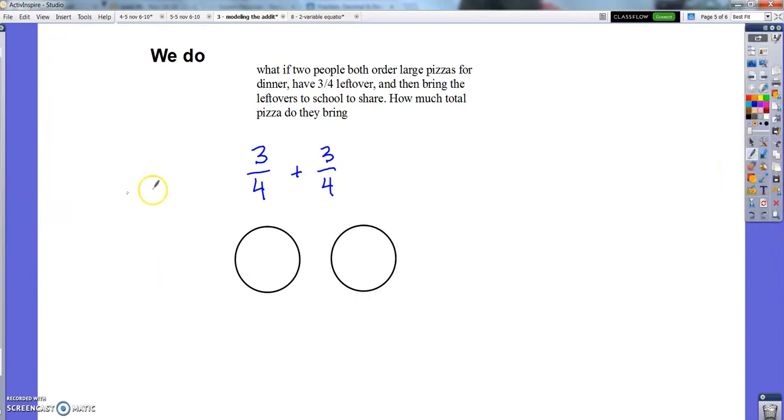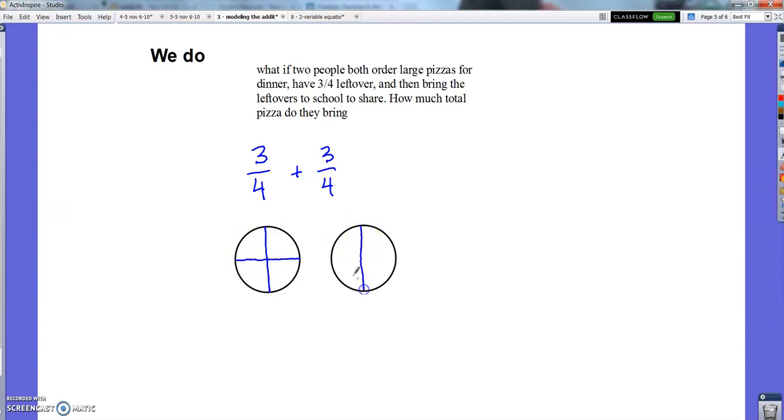I've got fourths, and each person has 3/4 to contribute. So one person brings this much pizza, and another person brings this much pizza.